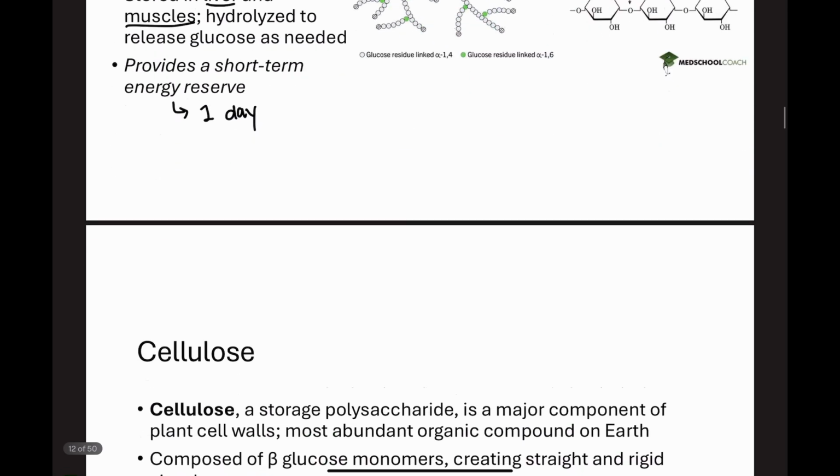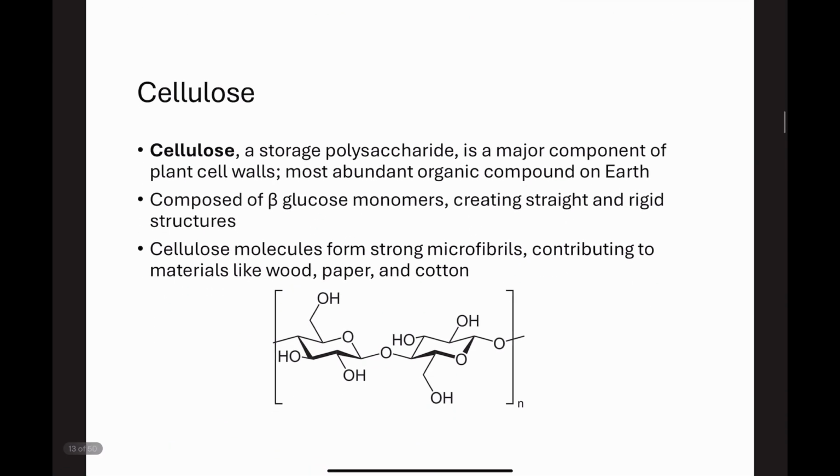Another structural polysaccharide that we have is called cellulose. Cellulose is a key component of plant cell walls. And plants produce an immense amount of cellulose. They produce like 100 billion tons every single year, and I'm not exaggerating. Because they produce so much cellulose, it makes it the most abundant organic compound on Earth.